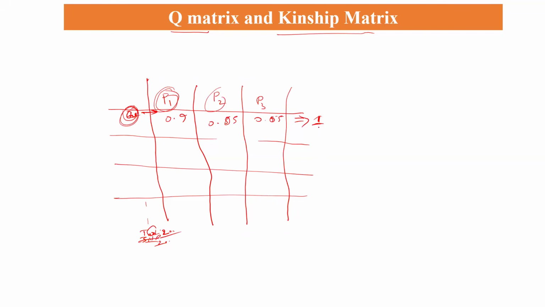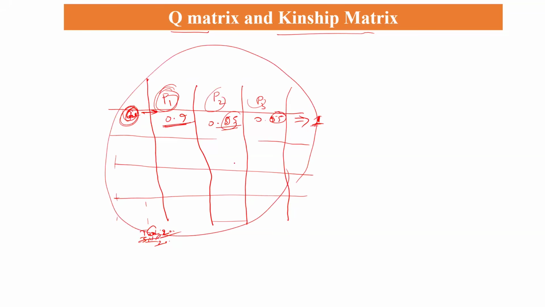It means the genome proportion of genotype 1 identical with population 1 is 90%, with population 2 is 5%, and with population 3 is 5%. That is called the Q matrix.